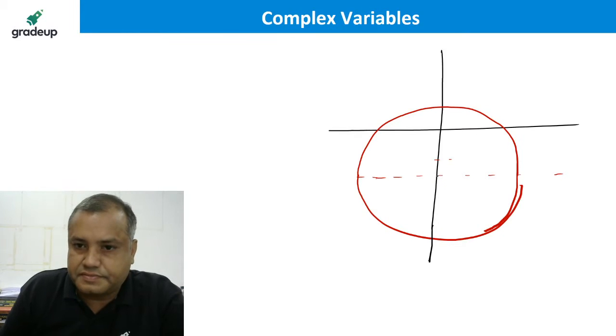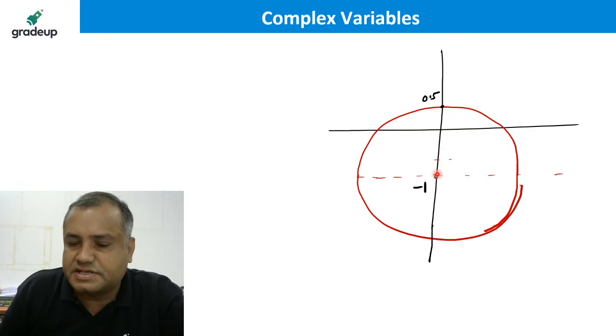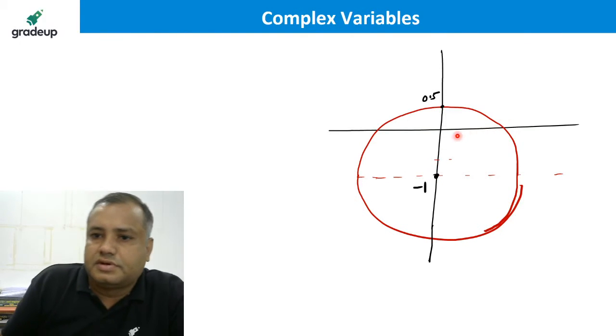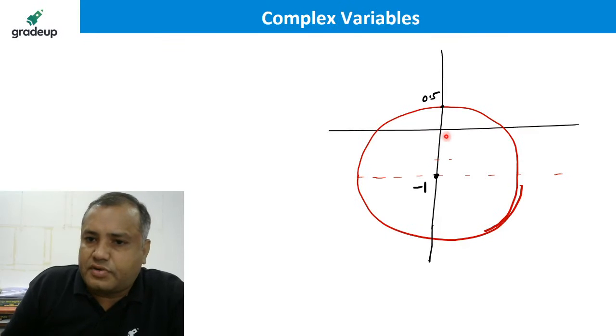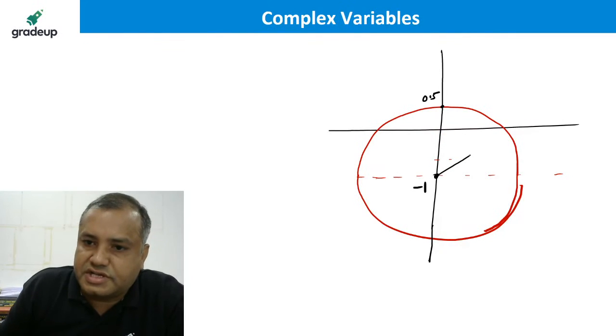This center is minus 1, magnitude part. Radius is 1.5, so this is 0.5. Let us find out this distance. So this distance is nothing but the radius. Okay.